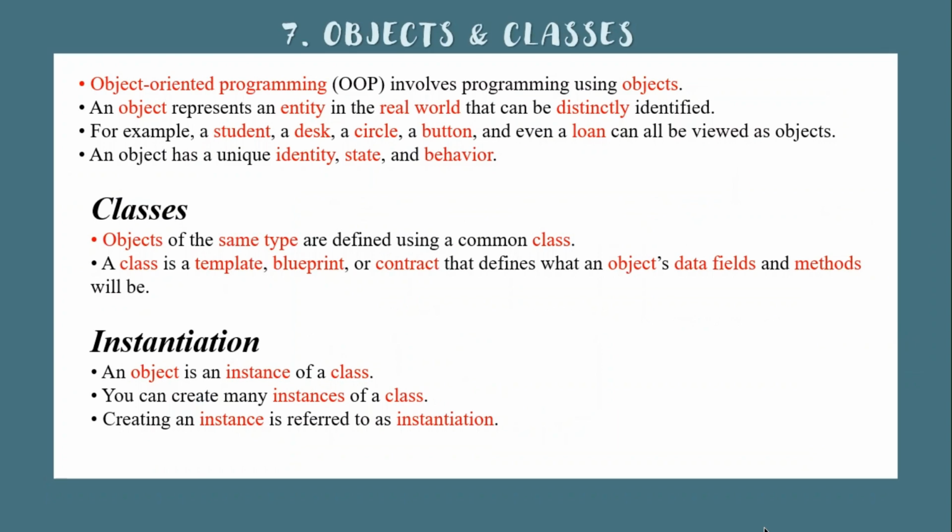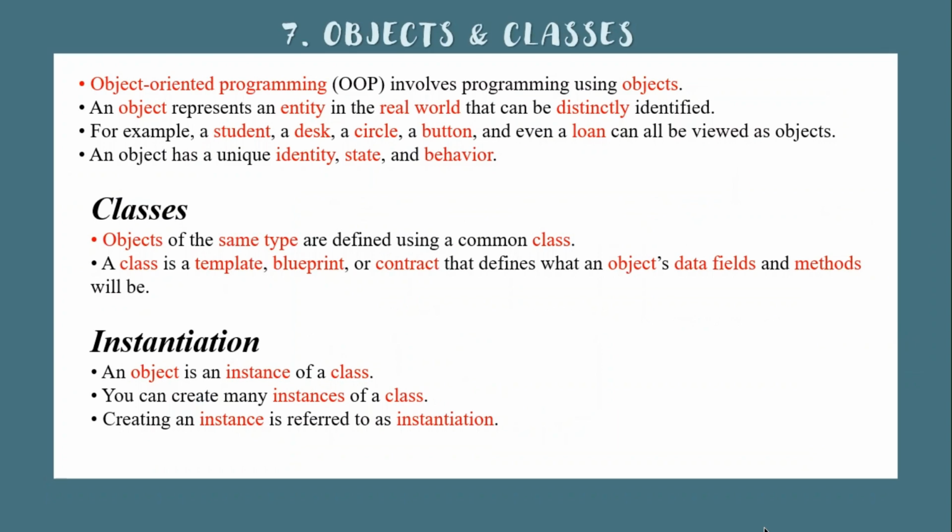In chapter 7, we will start with objects and classes, and also how we can write them in Java and how we can use them. So let's recall the things that we said at the beginning of the video. Object-oriented programming, or OOP, involves programming using objects.